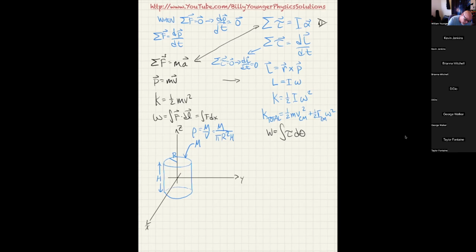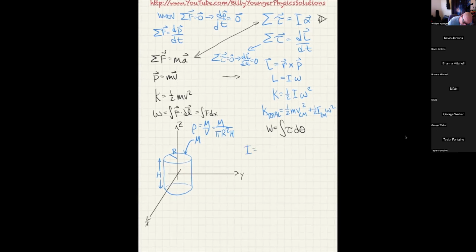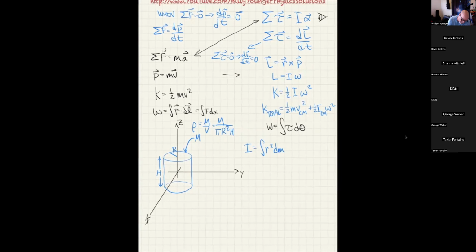What I do know, though, is that the moment of inertia of this would equal the integral of r squared dm, where r is the distance from the rotation axis, which is the z-axis. So r would be the distance from the z-axis to any particular mass, and dm would be that particular mass.